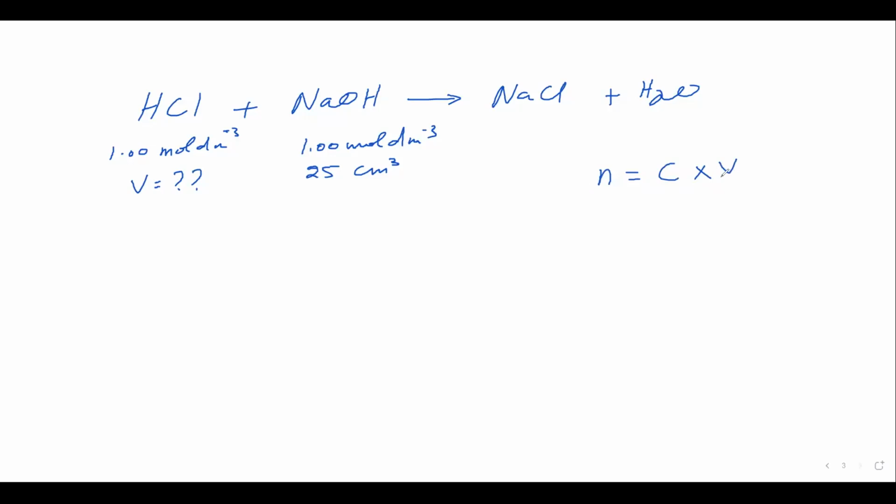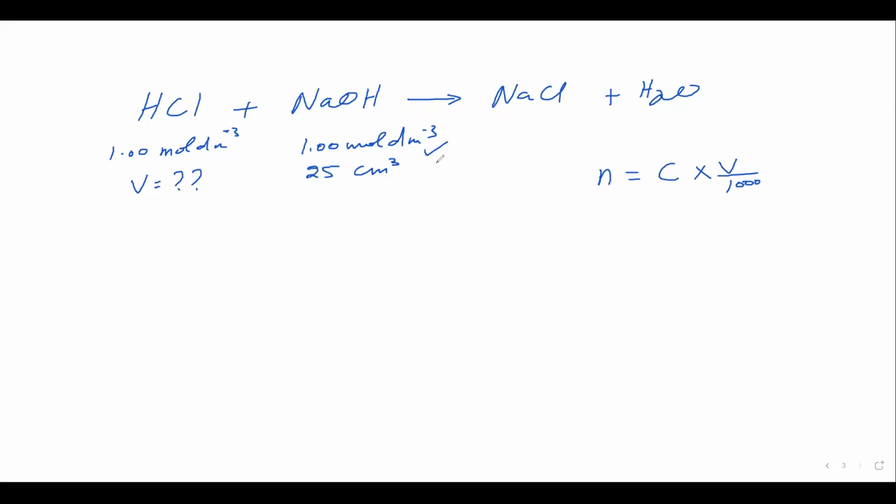So the number of moles is equal to the concentration times the volume in centimeter cube divided by 1,000, right? Excellent. So what is the first step that we usually do in mole problems? Find the number of moles. Excellent. Of what? Of sodium hydroxide first. Excellent.